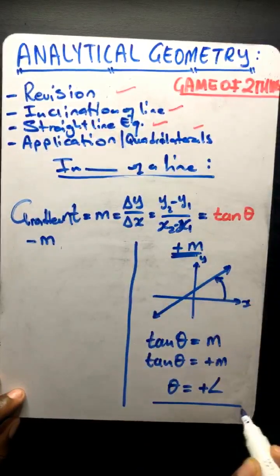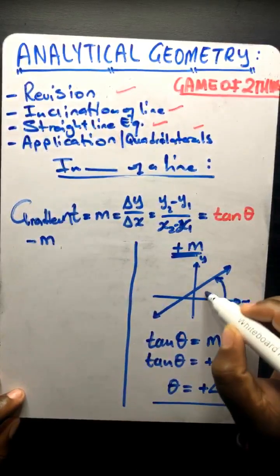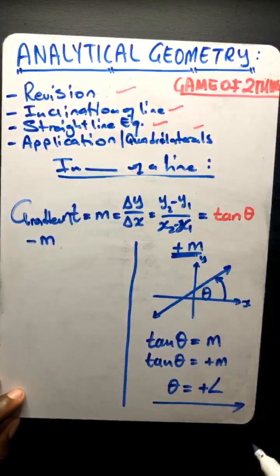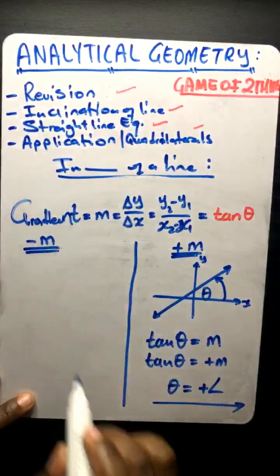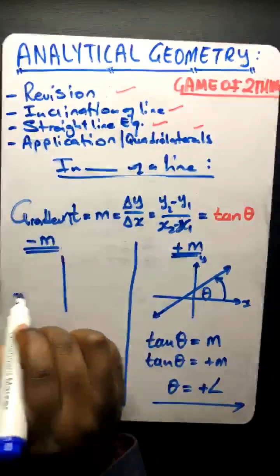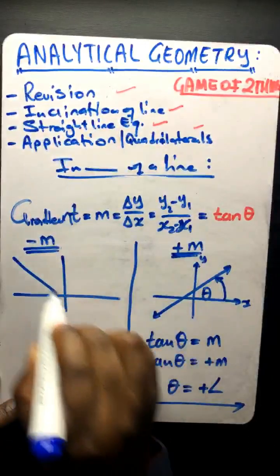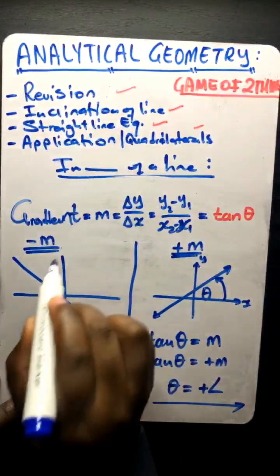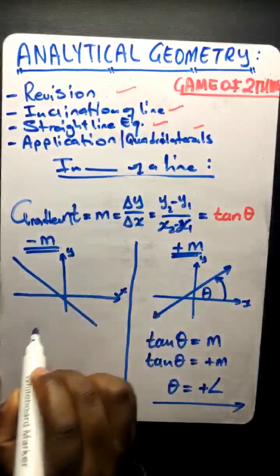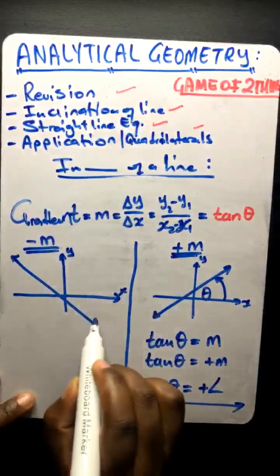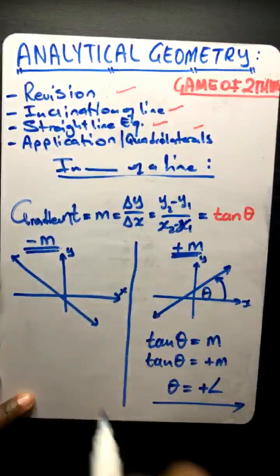But in the case of a negative gradient, that's where you have a straight line ending in the second and fourth quadrants. I'm sure you guys still remember that. That's where you'll be having negative gradients.